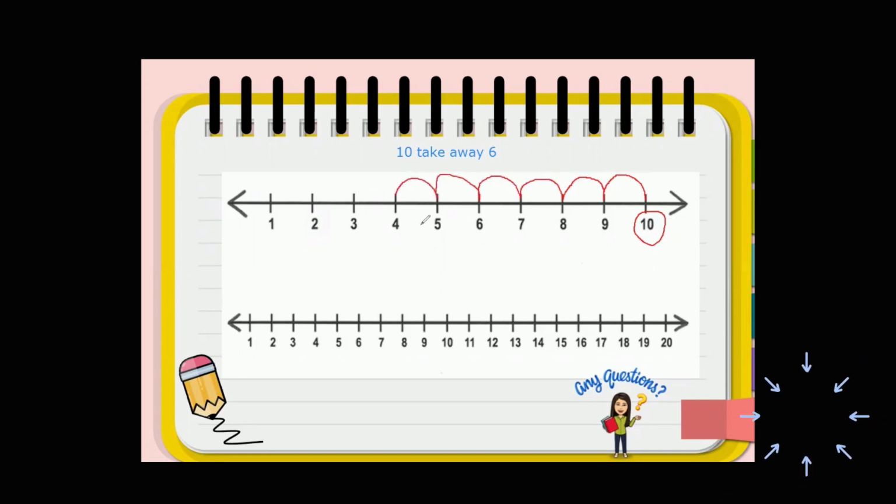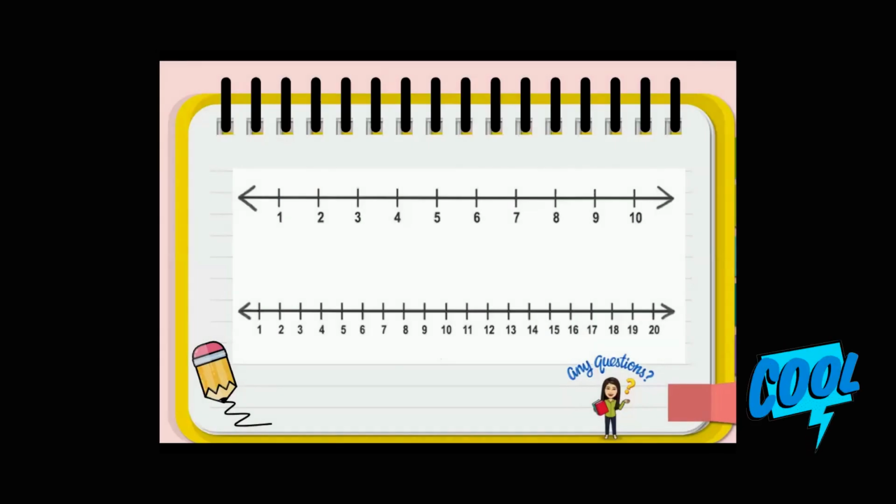So which number did we get? Right, number 4. So you can say 10 take away 6 is equal to 4. So this was a strategy using number line for addition and subtraction.